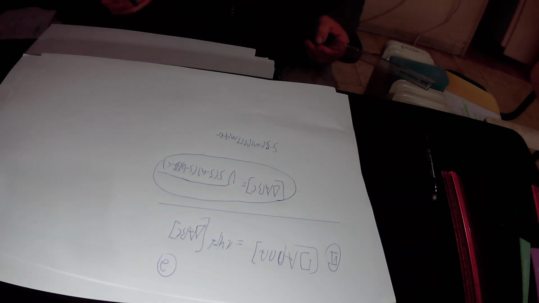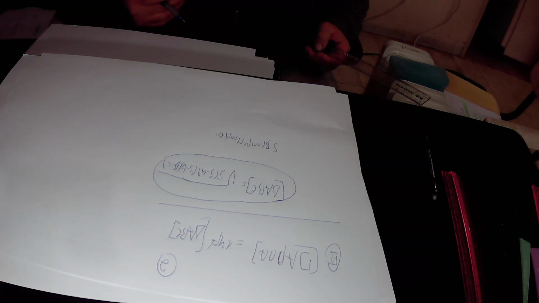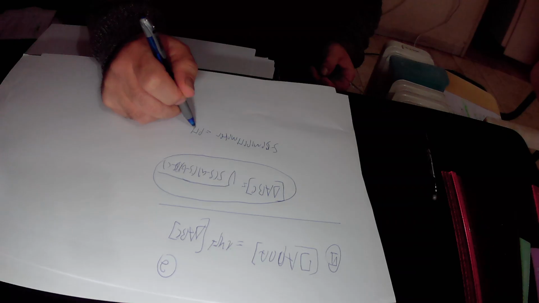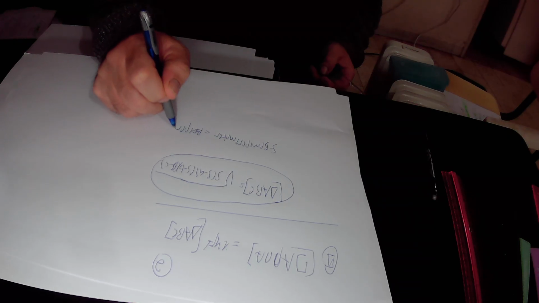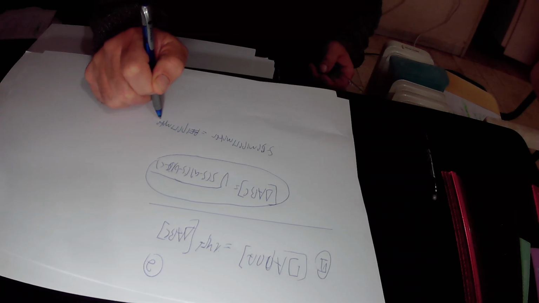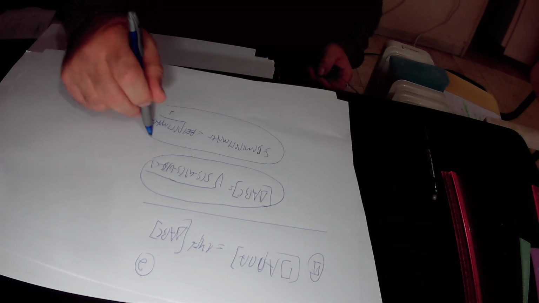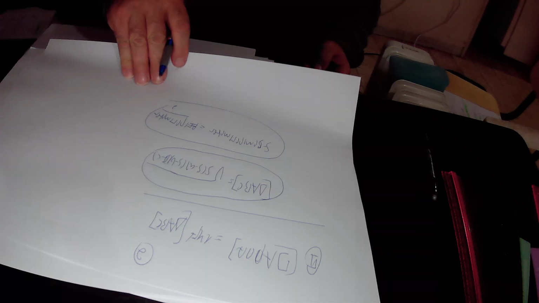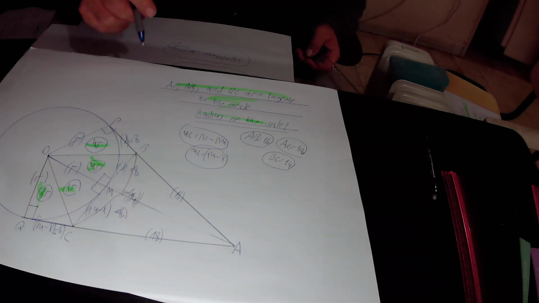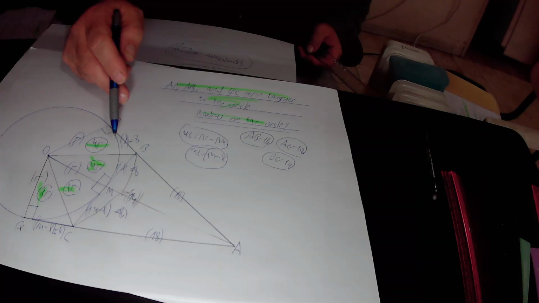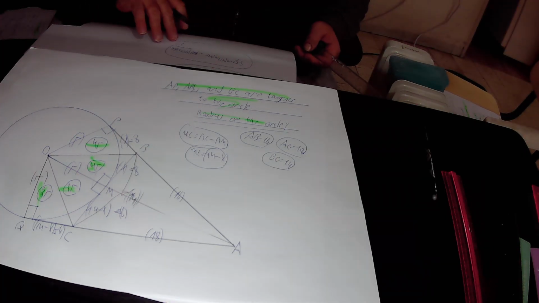And what is a semi-perimeter? A semi-perimeter is the perimeter over 2. And the perimeter of this triangle ABC equals the sum of its 3 side lengths. That is to say, it is 16 plus 14 plus 18.